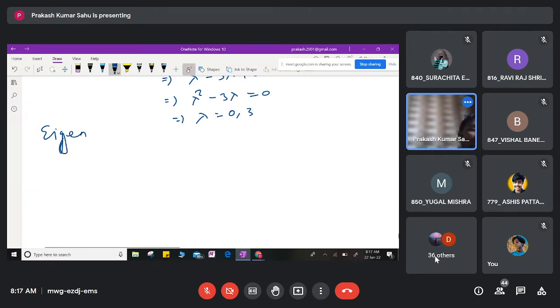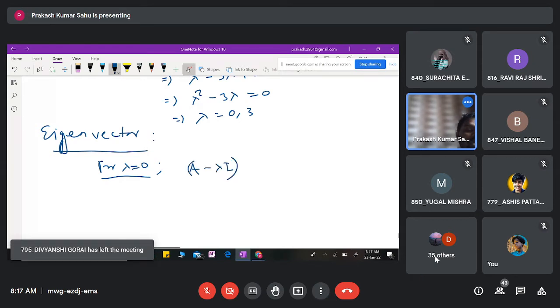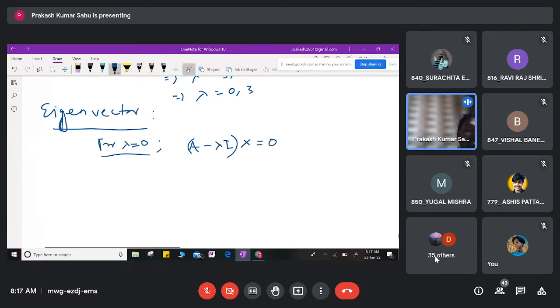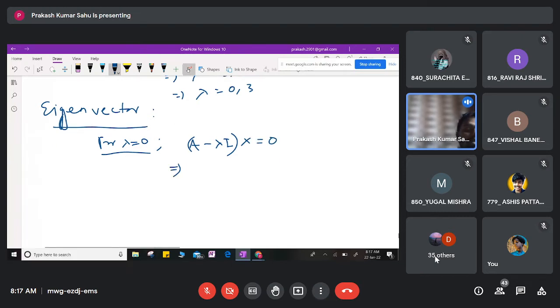For lambda is equal to 0, the homogeneous equation is (A minus lambda I) x is equal to 0. So with lambda is equal to 0, we have [[2, 1], [2, 1]] times [x1, x2] is equal to [0, 0].